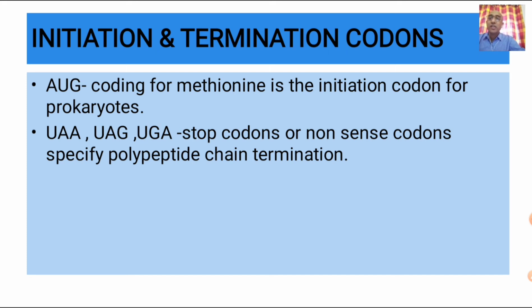Similarly, there are 3 other codons, UAA, UAG and UGA. These are called stop codons or nonsense codons. They do not specify any amino acid. Rather, they specify polypeptide chain termination. That means UAA, UAG and UGA bring about the termination of protein synthesis.